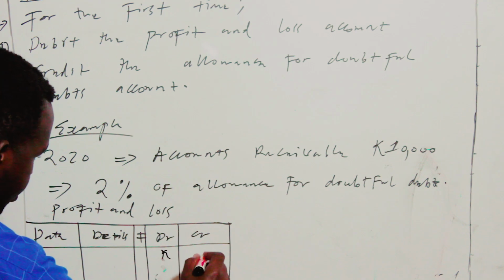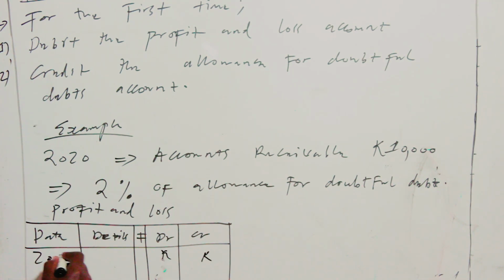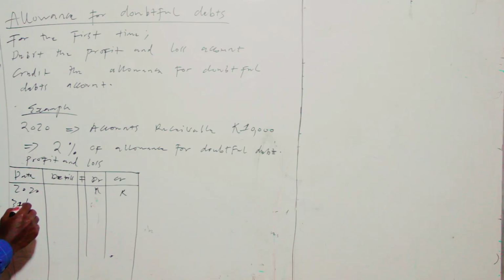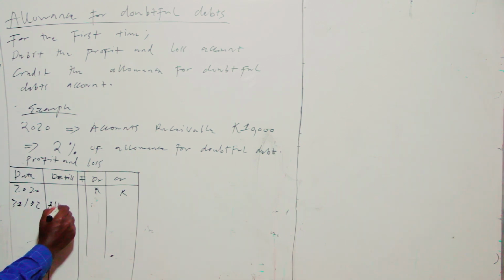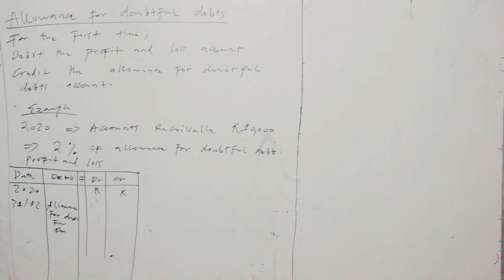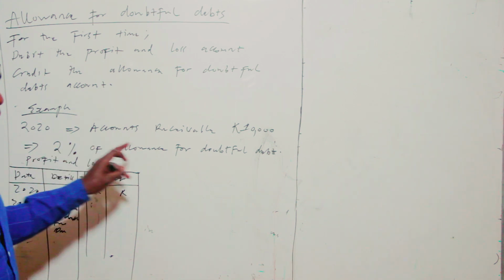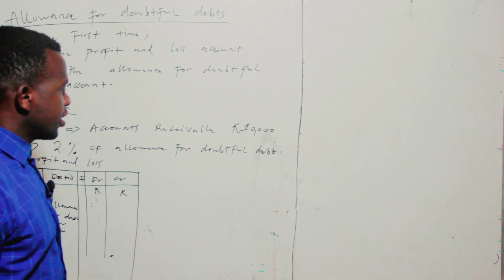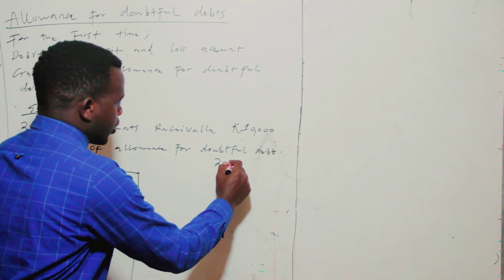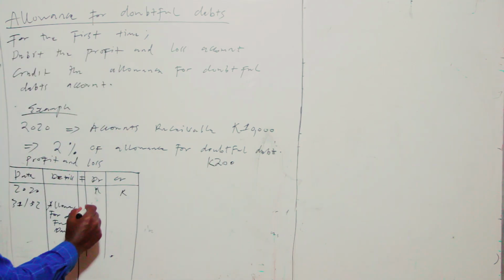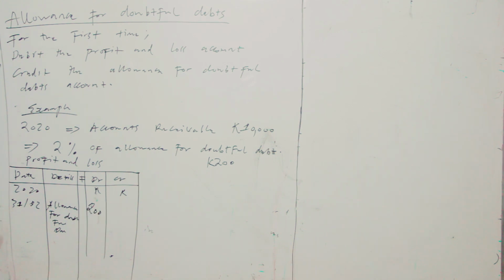We have our kwacha there, the year is 2020, so we can put 31st December there. We can put allowance for doubtful debts. So we're supposed to debit that figure. We're supposed to find 2% of 10,000, which gives us 200 kwacha. So we're going to debit our 200 kwacha in the profit and loss account.